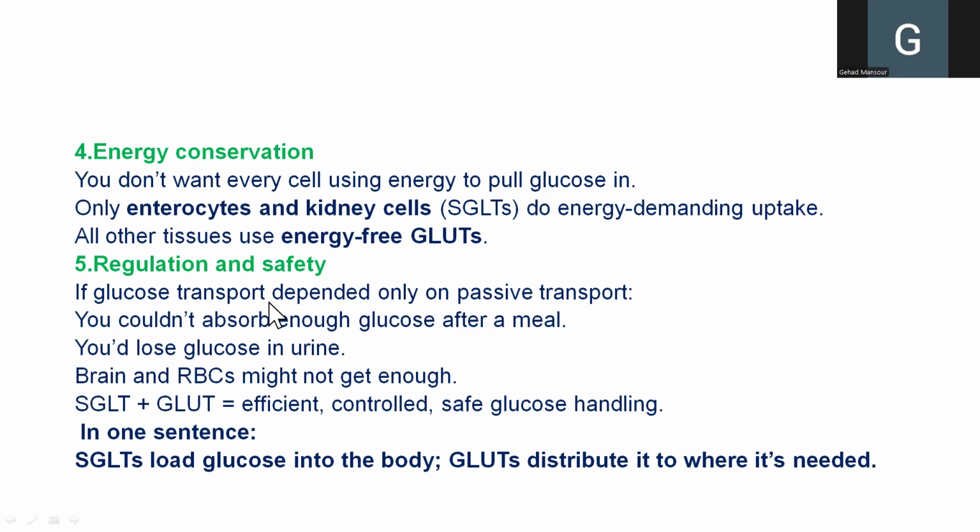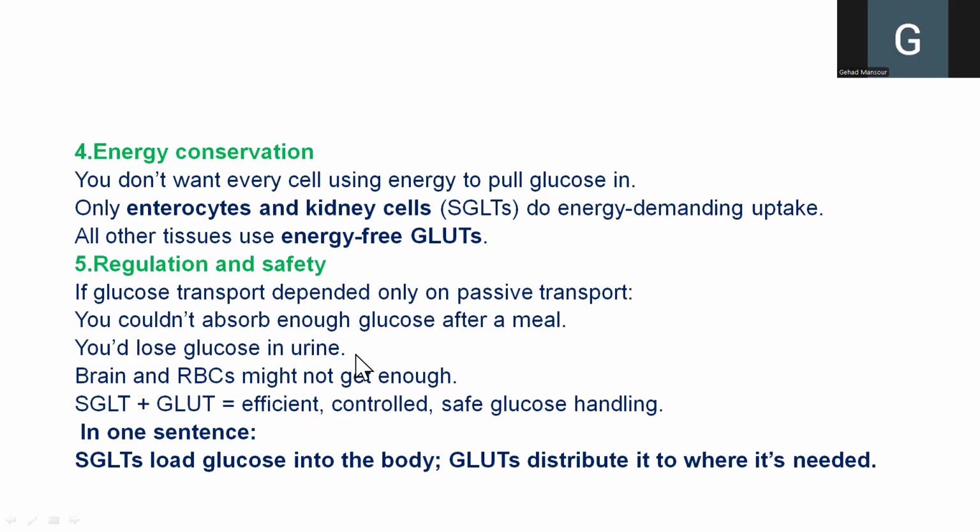If all the glucose transport depended only on passive transport, you wouldn't be able to absorb enough glucose after a meal, because if you eat a lot of glucose during your meal, then the concentration in your gut might be higher than in the blood. And in such a case, you wouldn't be able to absorb the glucose if it were a passive process.